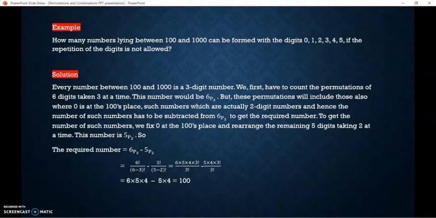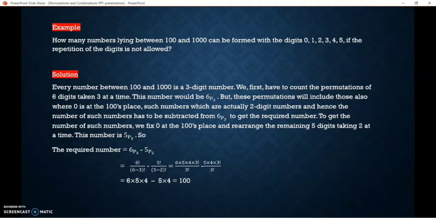But as I said, if I put 0 at the 100 place, then what I get is 0, 1, 2, which is nothing but 12, a 2 digit number. So we need to take out all the possibilities when the 0 comes in the 100 place.